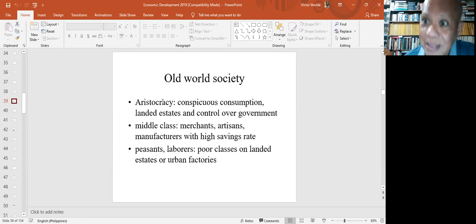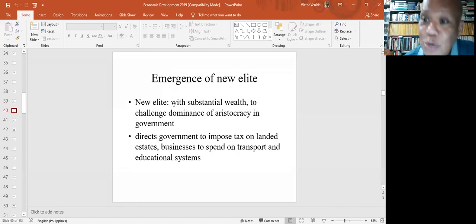So they ended up having high rates of savings too, especially since they now have to pay taxes. So the new elite's values of hard work, high rates of savings, and investment of earnings now became dominant throughout society.